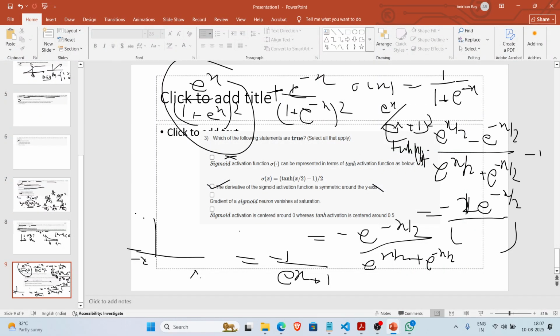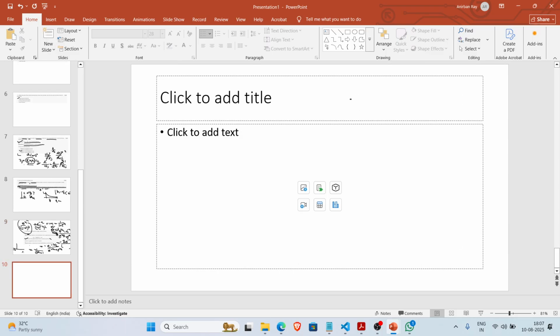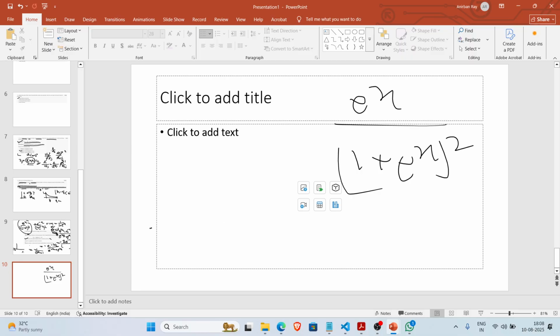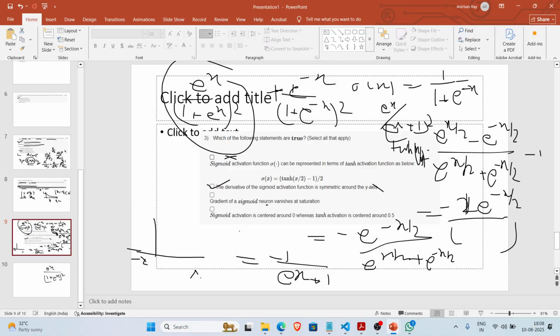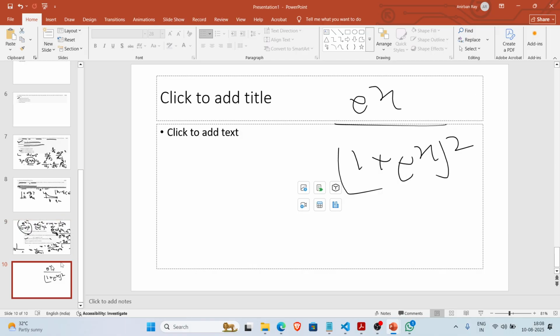So the gradient of the sigmoid is e to the power x by 1 plus e to the power x, square. Now they ask whether this vanishes at saturation. So you have to take the limit x tends to infinity. Does the gradient vanish?